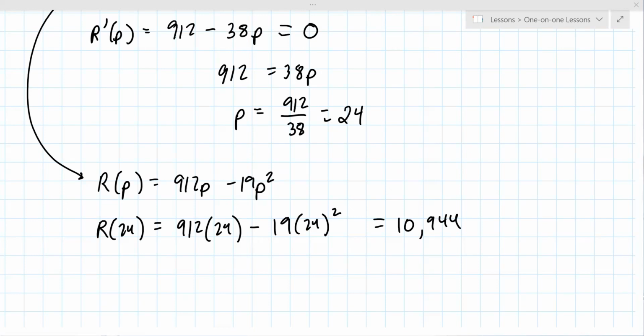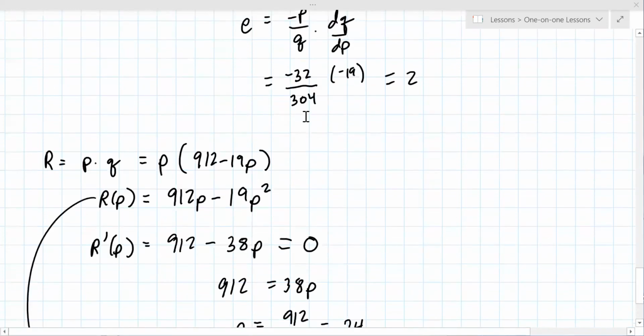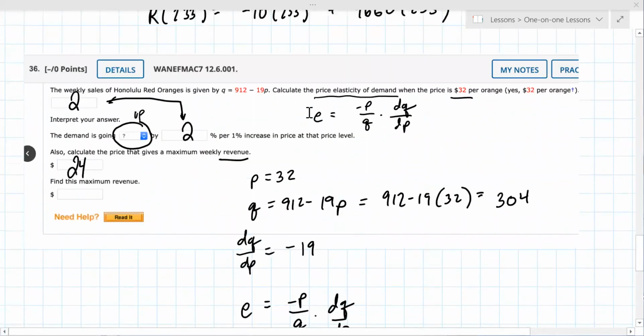We can move on. Wait, actually, let me just plug these in to make sure they're right. Okay, yeah, except the demand is going down. That's weird. Yep. There. Okay.